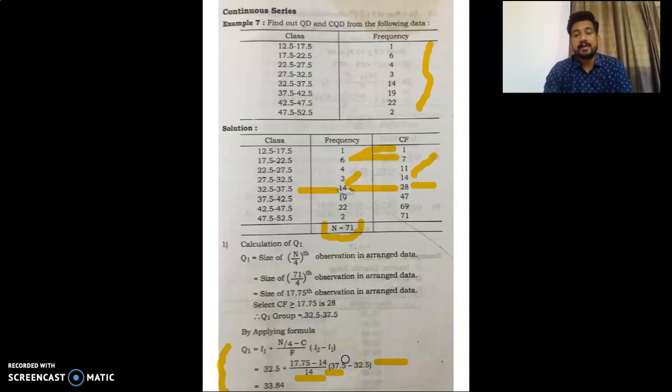Only then you will have the answer. Otherwise, if you just solve whatever you want, you don't get the exact answer of this type of equation. So you have to properly follow this sequence. So the answer of Q1 is 33.84.